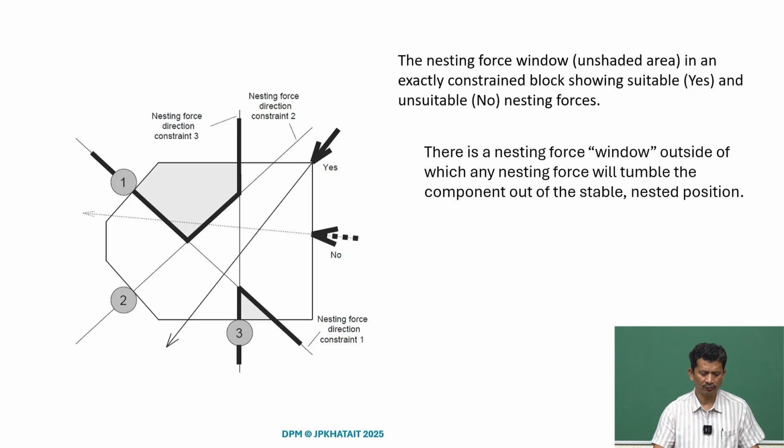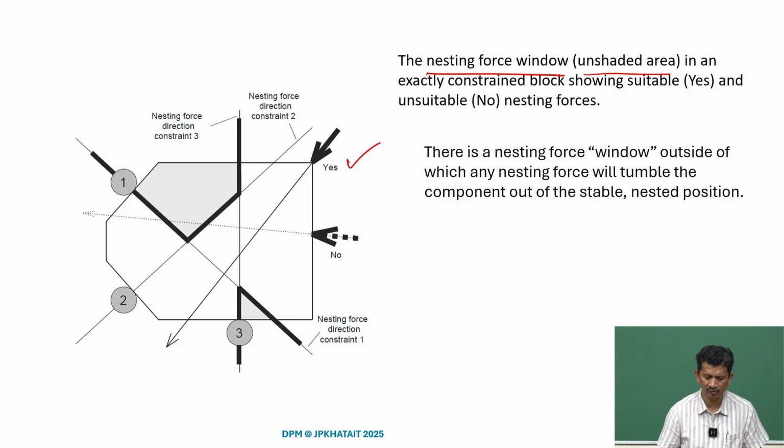There is a way to calculate the nesting force. What we also need to find is the nesting force window. So there is a window, and if any force passes through that area, which in this case is the unshaded area, that's a yes.